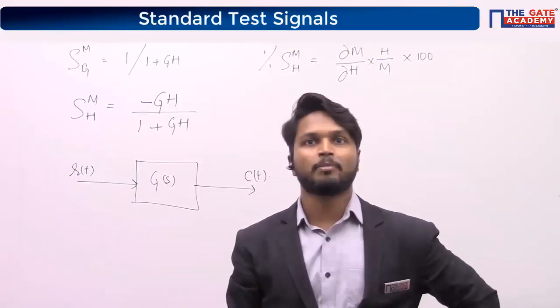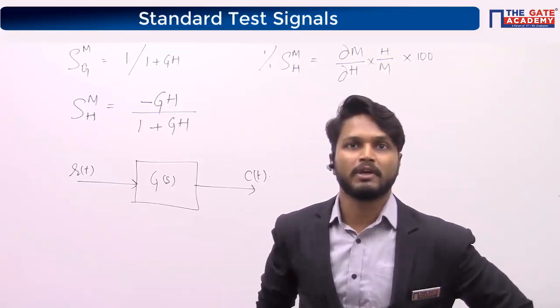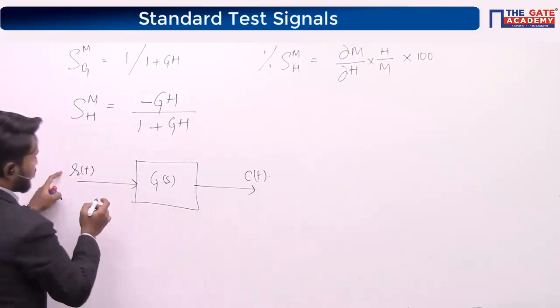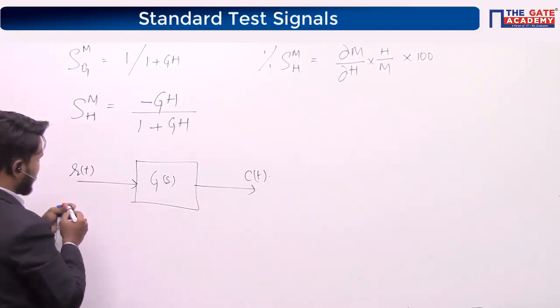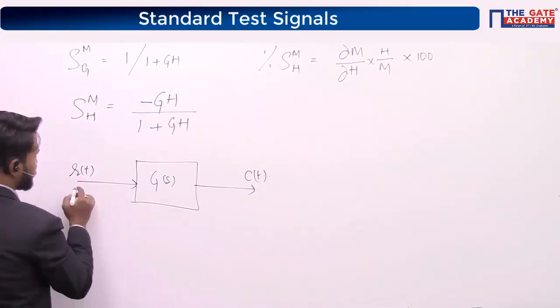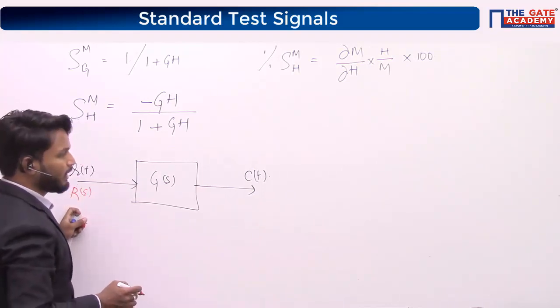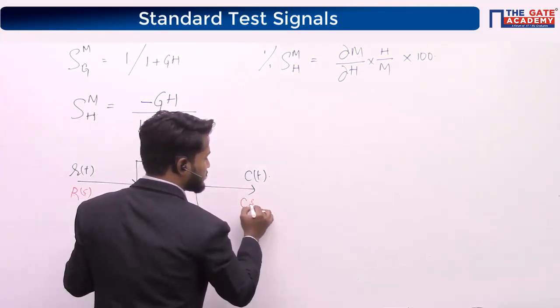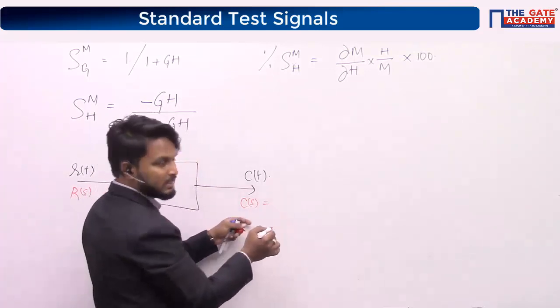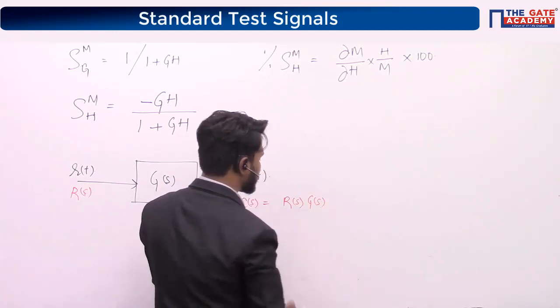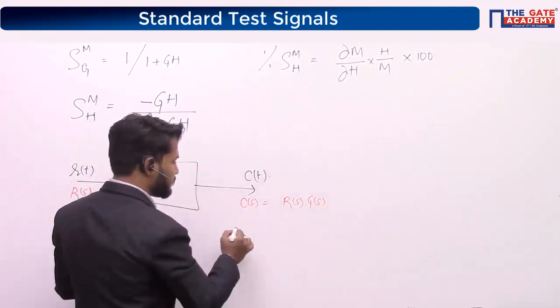By taking Laplace inverse of c of s. Very good, right? So whatever r of t we have, we'll convert this into its Laplace form, that is r of s. We'll find out r of s and we'll find out c of s. What is c of s? C of s is equal to r of s multiplied by g of s, right? So c of t is equal to what?